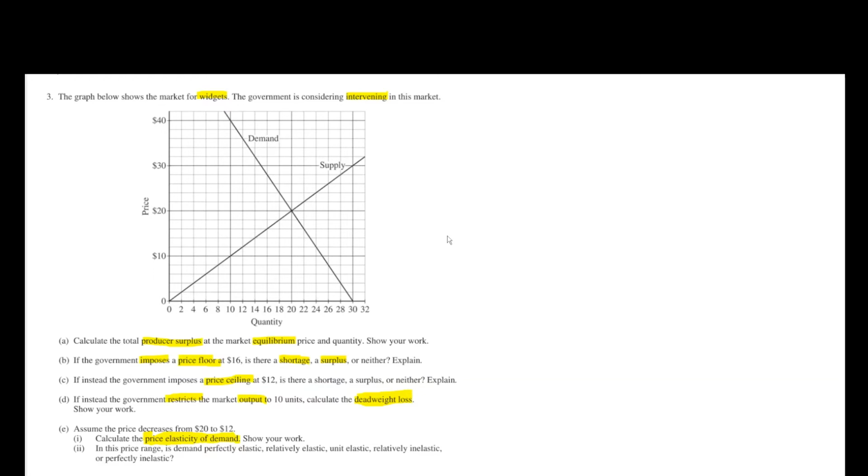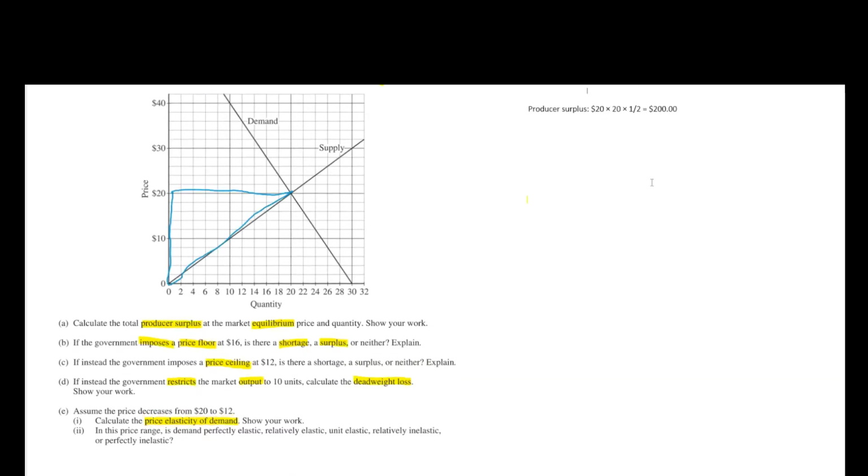You can probably guess that a couple of those, just looking at this demand curve, must be wrong, and you can eliminate them right away. Now let's look at the questions themselves and see how this vocabulary is used in this question.